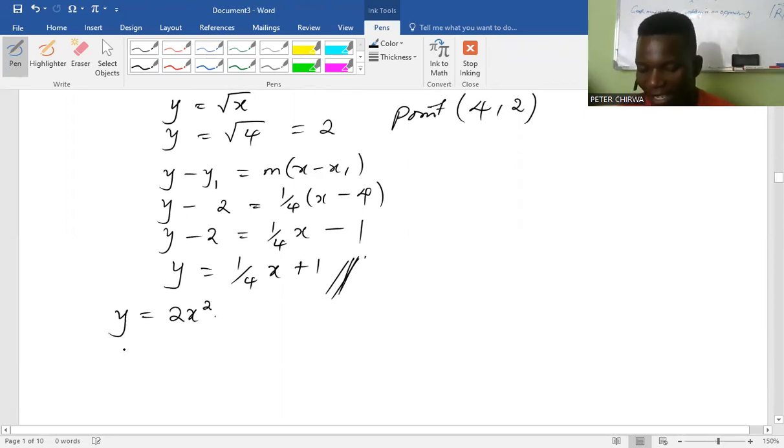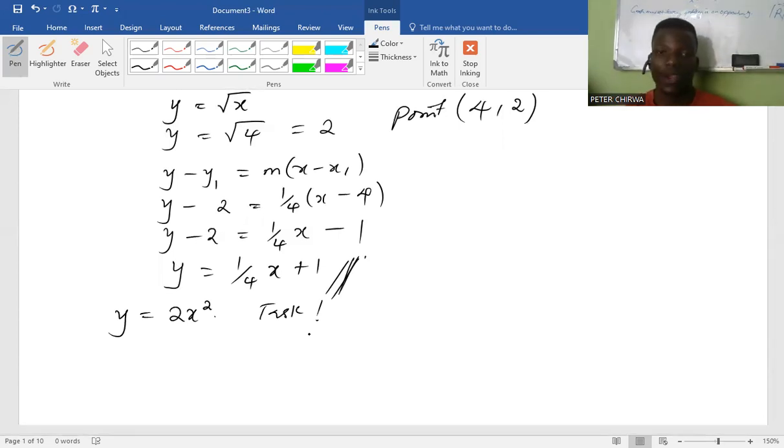So solve this function, 2x squared. This one is your task. It's not difficult because we've already differentiated the function like y equal to x squared, so it's going to be simple. I've just added a constant in front of x squared.